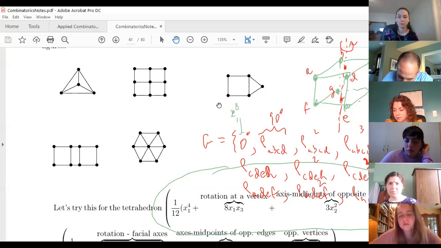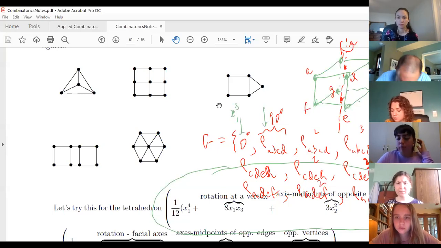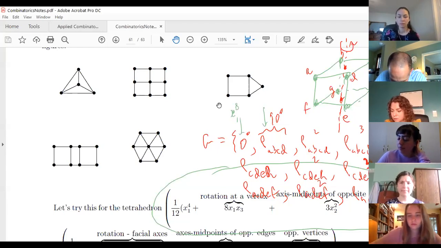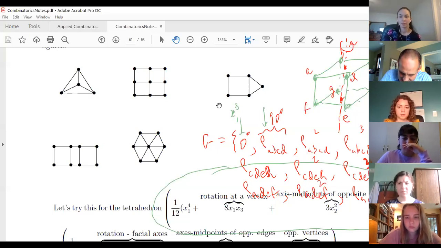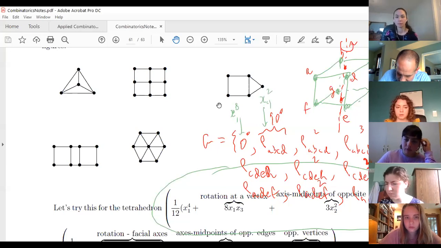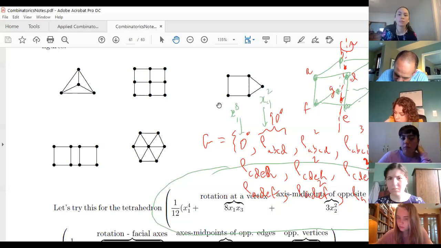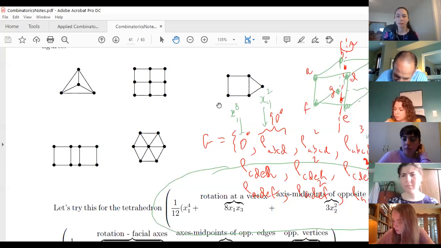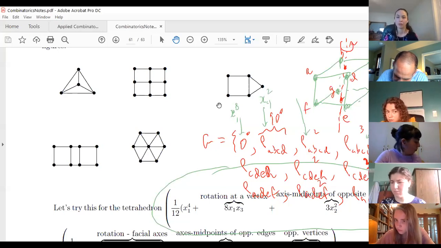What would the cycle structure summand for the cycle index look like for the facial rotation A, B, C, D? Would that just be x sub 4 squared? Yeah. And what about the cube, Elise? That would also be x sub 4 squared. And what would the square contribute? X sub 2 to the 4th.